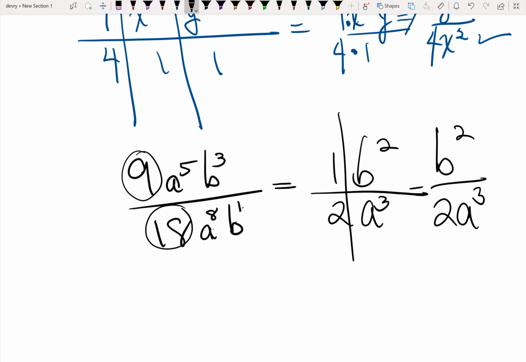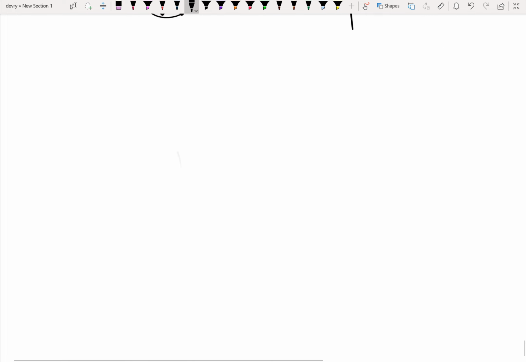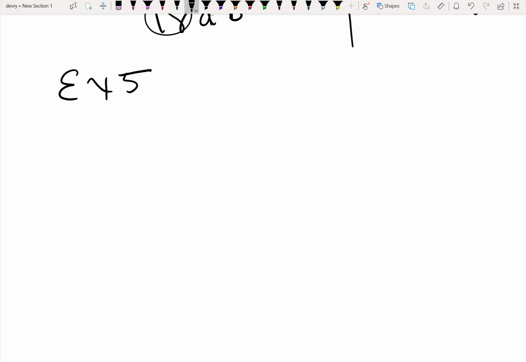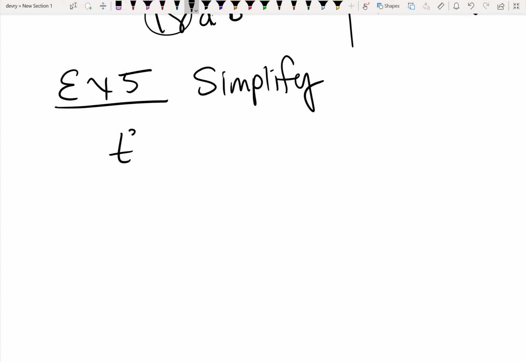Alright, let's look at example 5. Example 5 is simplifying a rational expression. So they still say simplify. They're giving you t to the 3rd plus 8. Already your spidey senses should be going off that there is some cubic involvement here, right?